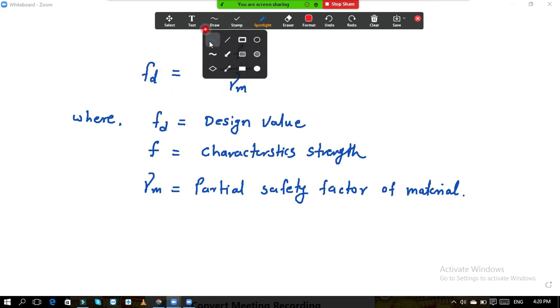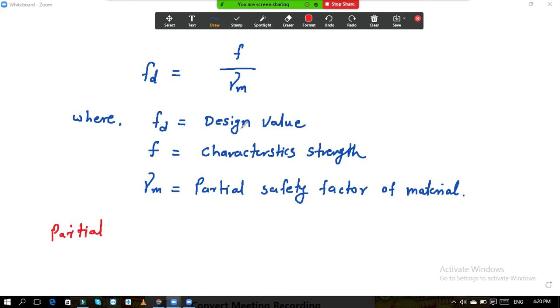Okay. So now the values of partial safety factor for steel and concrete. Partial safety factor for concrete is represented by gamma C, and its value is 1.5.